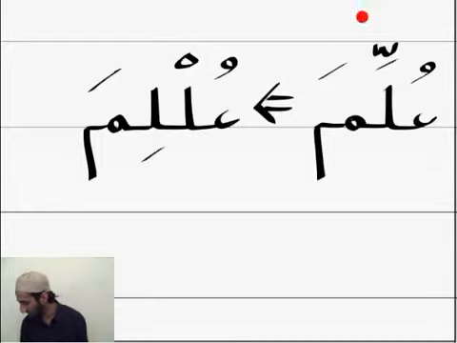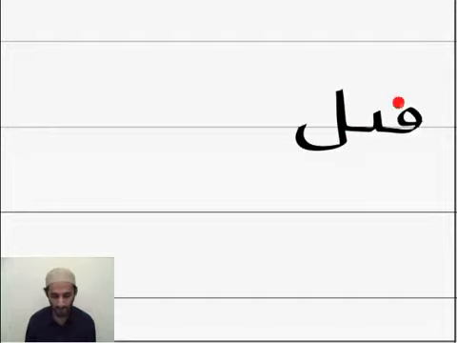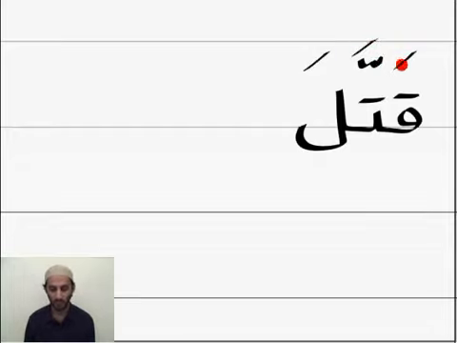Let's have a look at one more example. So if we have the word, we have a qaf, a ta, and a lam. There we go. So qaf with a fatha, qa. We have a ta with a shadda and a fatha, and a lam with a fatha.